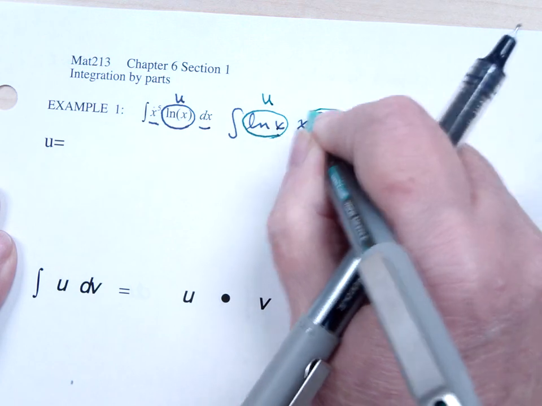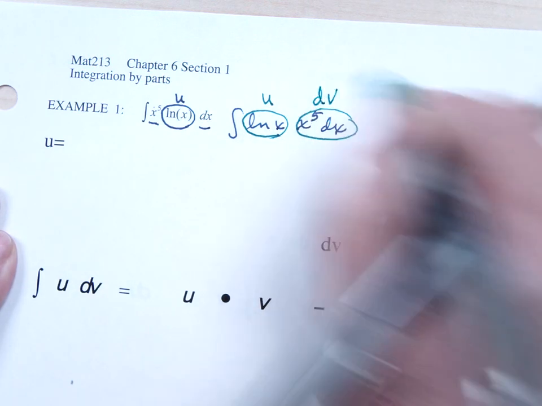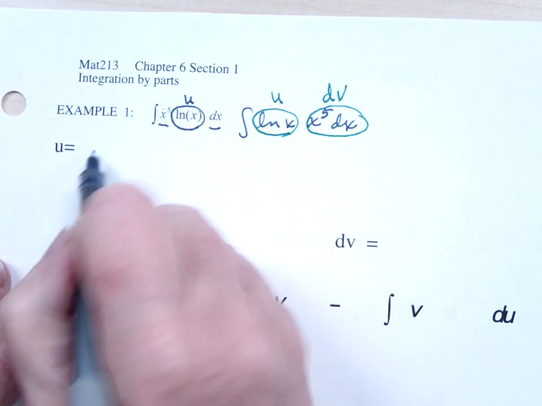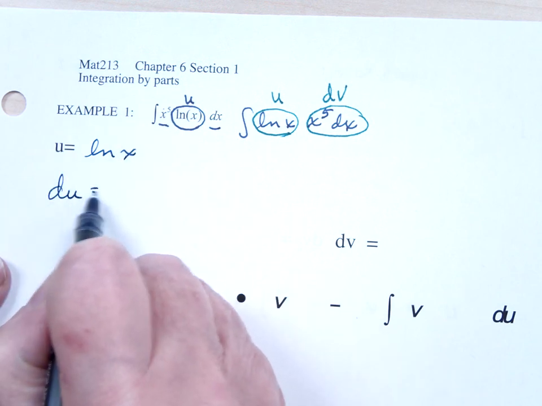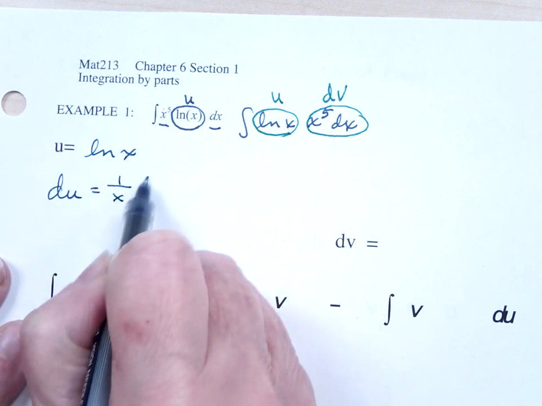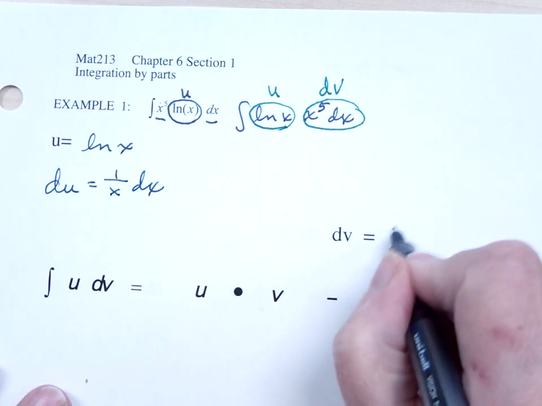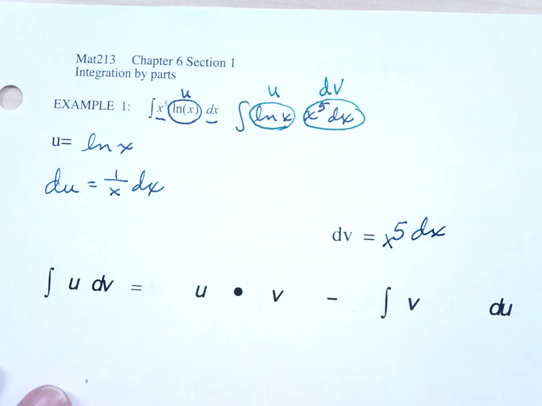Natural log, and that leaves the rest of this to be integrated. So u is the natural log of x, so the du is 1 over x dx. dv is just x to the 5th dx.